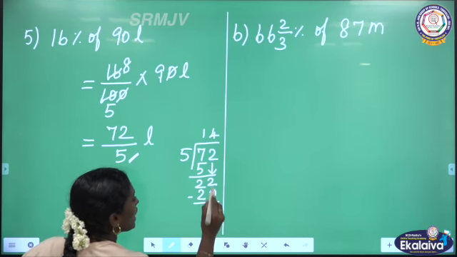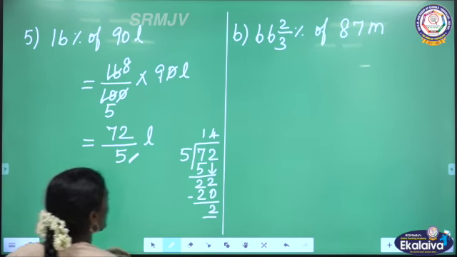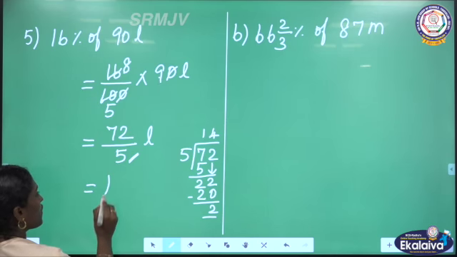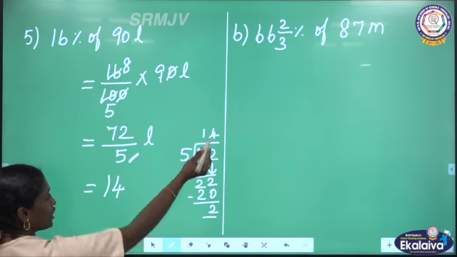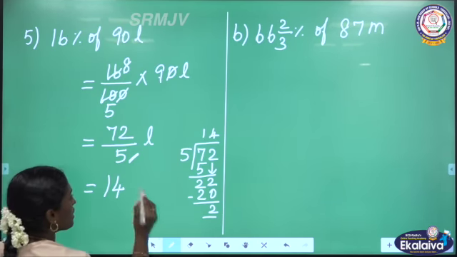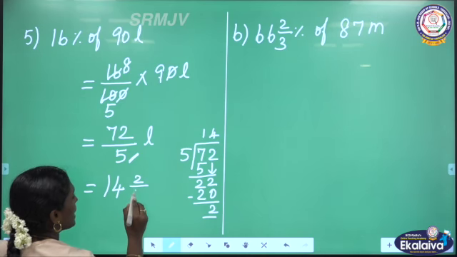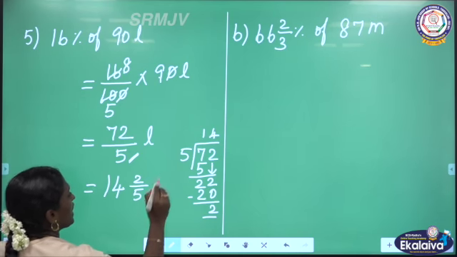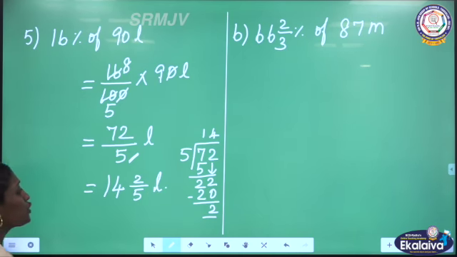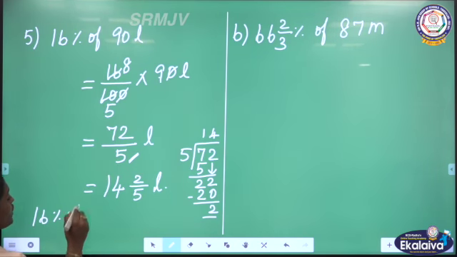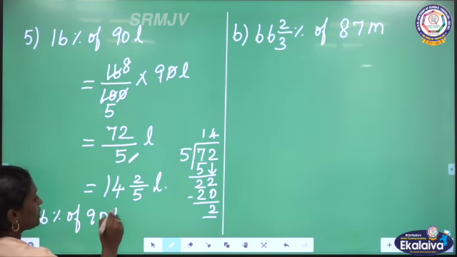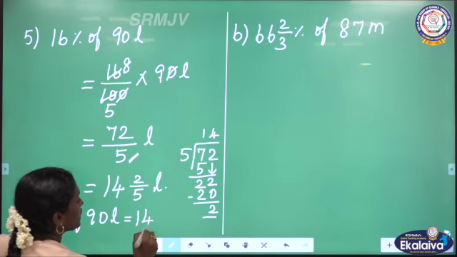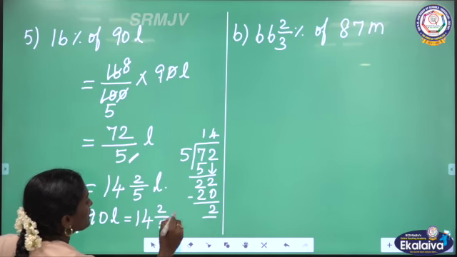Now we have to subtract. The remainder is 2. So we have to write the quotient 14 as a whole number, remainder by divisor as a fraction. So 14, 2 by 5 liter is the answer. 16% of 90 liter is equal to 14, 2 by 5 liter.